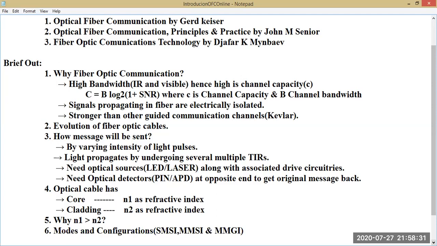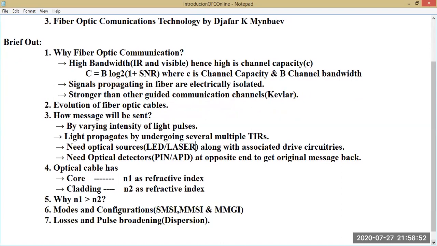Always remember that the core refractive index is high when compared to the cladding refractive index, and only then will this light pulse propagate all through the length of the optical fiber cable. So that is the reason for choosing N1 higher than N2.